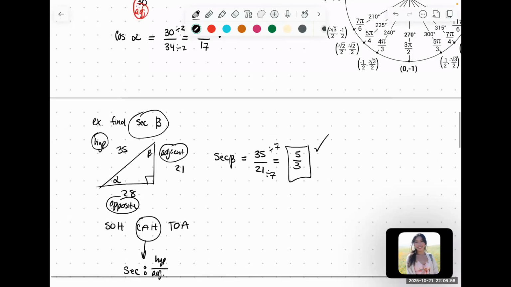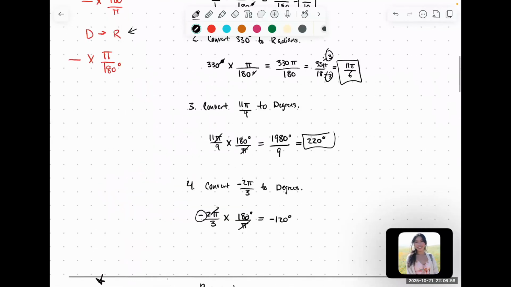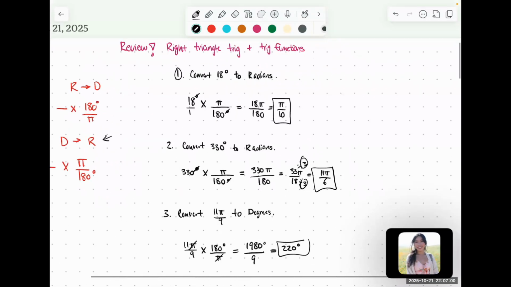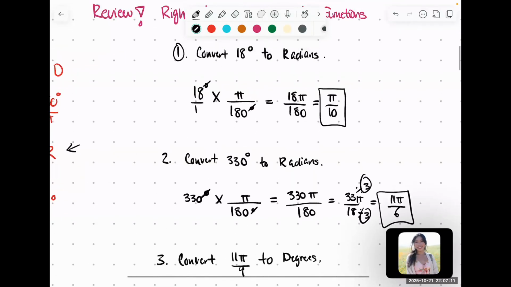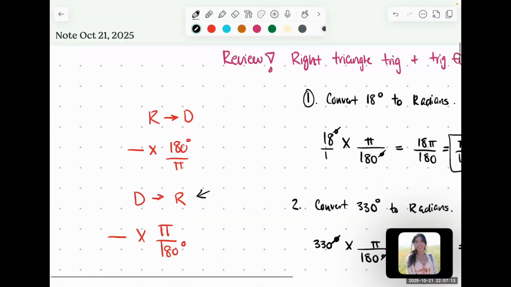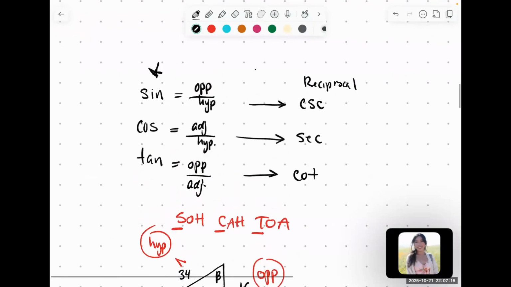Okay, so to recap, we talked about angles, two types of angles, radians or degrees. We talked about converting radians to degrees and vice versa and how to do that. And then we talked about the main trig functions and the reciprocal trig functions.